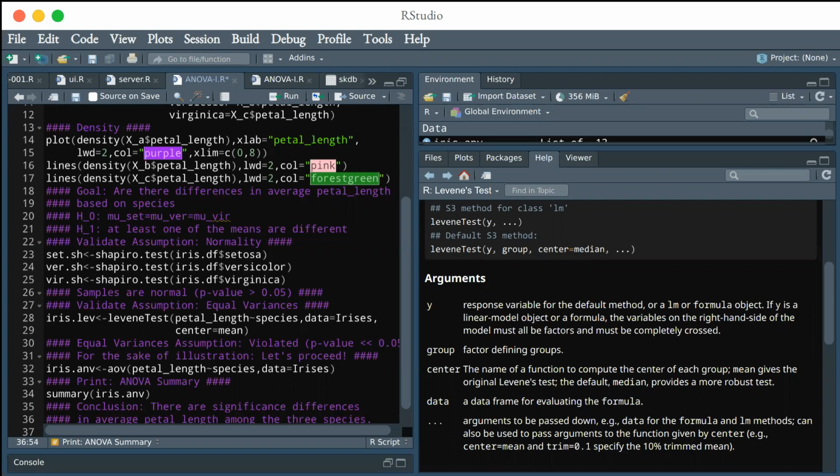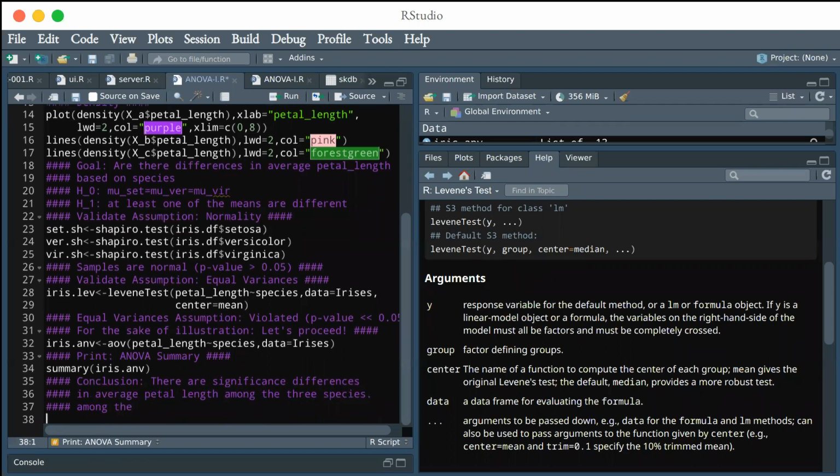However, we've got to be careful, the assumptions are in fact violated.